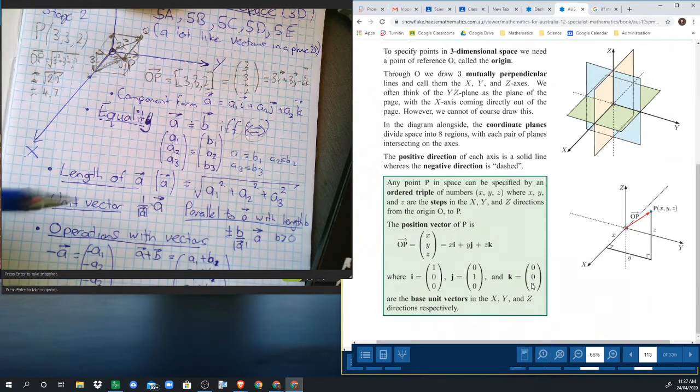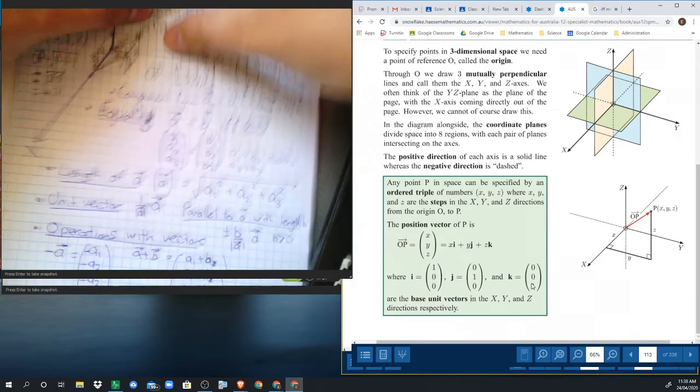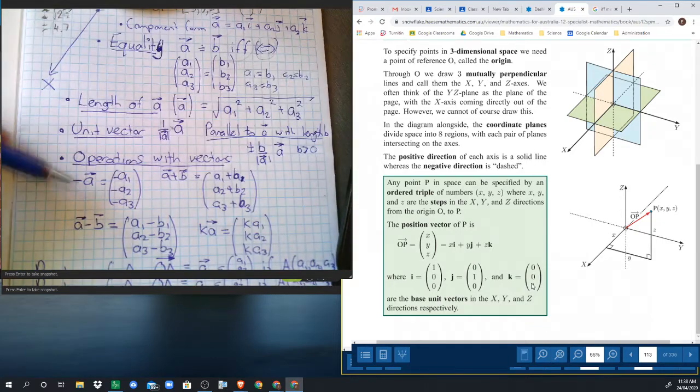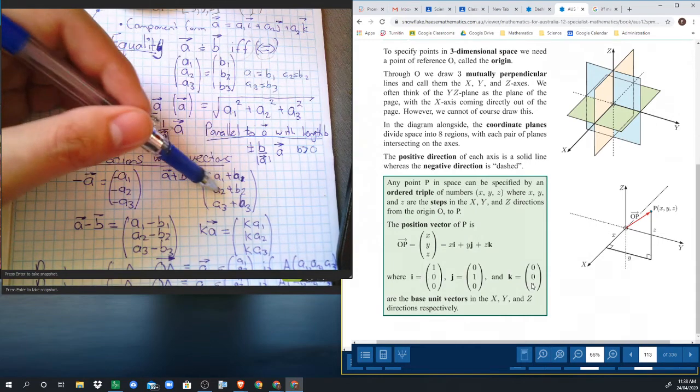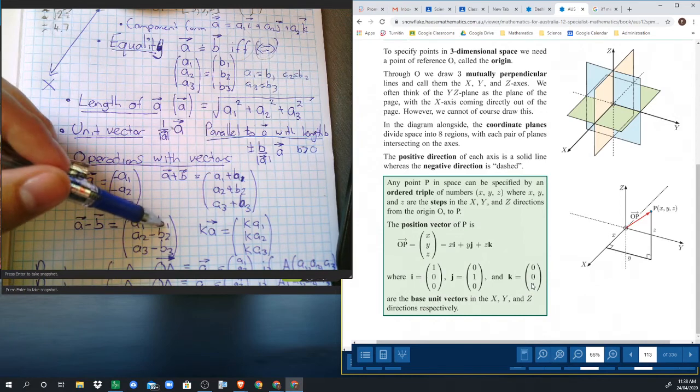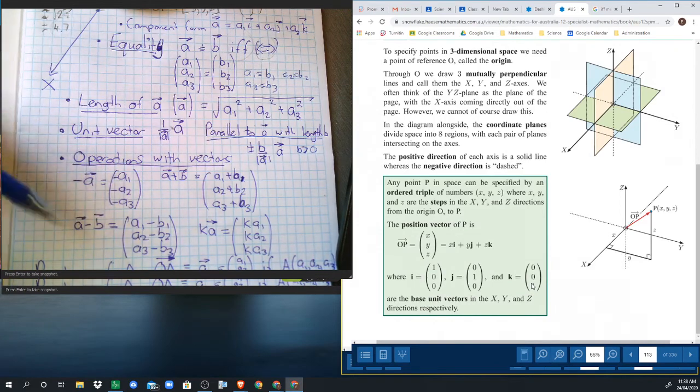All right. Other operations, these are very similar as well. We just extend them to 3 dimensions. If we have a negative vector, that's the same vector in the opposite direction, so it is just the minus of all the components. If we add vectors, we add their components, x, y, and z. If we subtract, we subtract the components. And you notice we're not doing a lot of drawing here because, as we said, the drawing is helpful to a point.